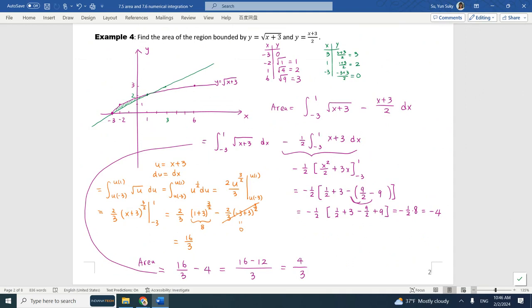In this process, there are three types of integrals we have learned: power rule, exponential function, and one over x. If it's not one of them, that means we need to do more work. So break the integral. This part, use substitution. This part, we can integrate directly. And then at the end, we find the answer together. Okay, everybody?